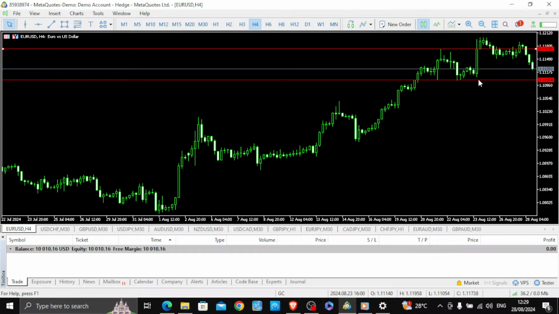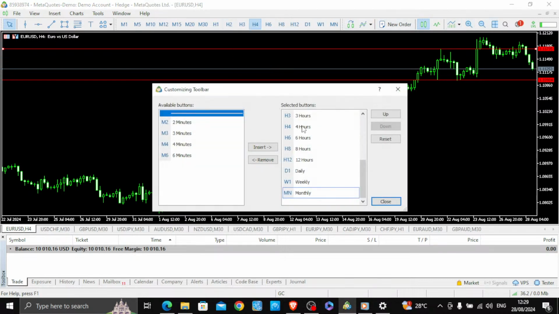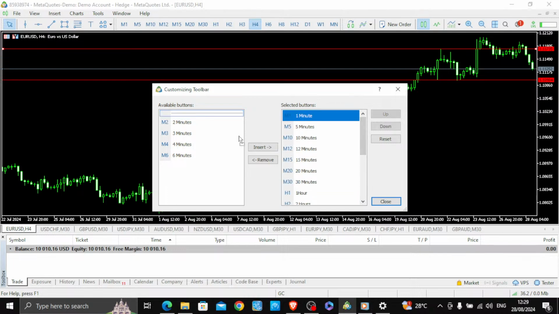Look at. Let me. Okay. Okay. I want to remove some of those properties here, so that I can see my chart shift.